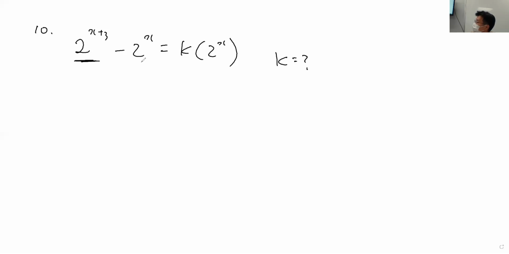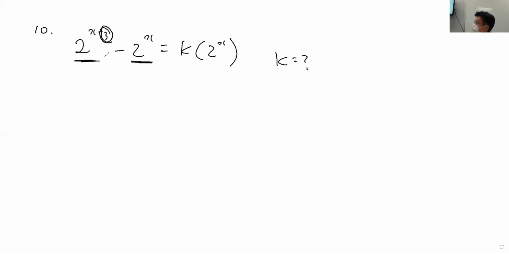Number 10, 2 to the x plus 3 minus 2 to the x equals k to the x power. And what is k is the question. So first of all, we have to find a way to shorten this out. Something that we can use is the plus 3.